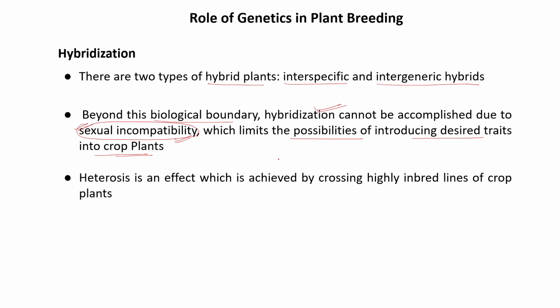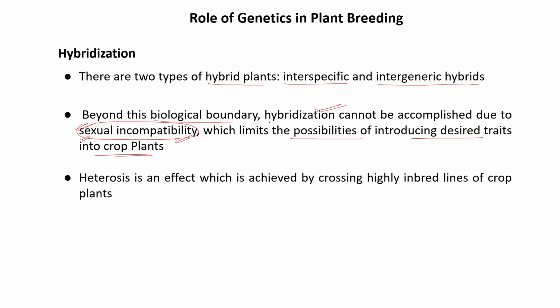Sexual incompatibility means plants do not allow certain pollen grains to get on it. If they germinate on the stigma, they do not allow them to go to the style region. And if they go to the style region, then sometimes they do not allow them to enter the embryo sac. Okay, so this is called self-incompatibility, right?